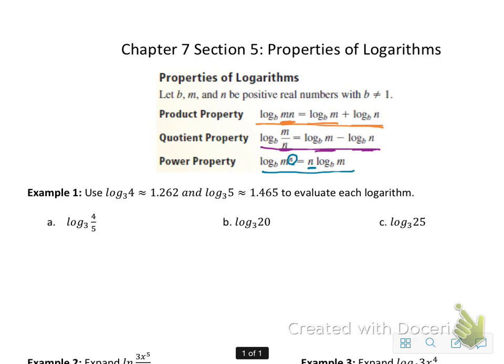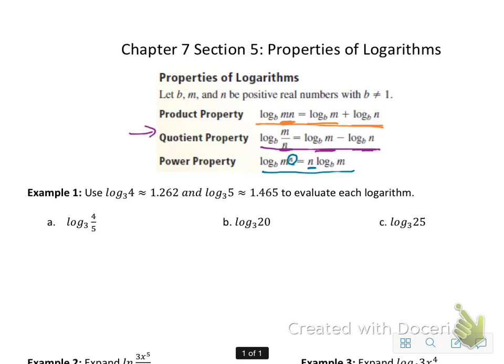So in example 1, we are going to use log base 3 of 4 and log base 3 of 5 to evaluate the logarithm. So you're not allowed to just put this in your calculator. That's not enough. I would need to see the work. But based on our second property, this purple property, I'm going to use my purple property.